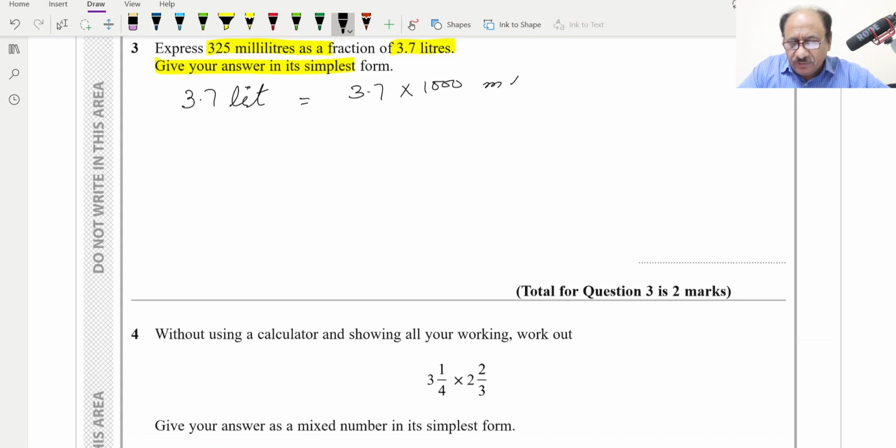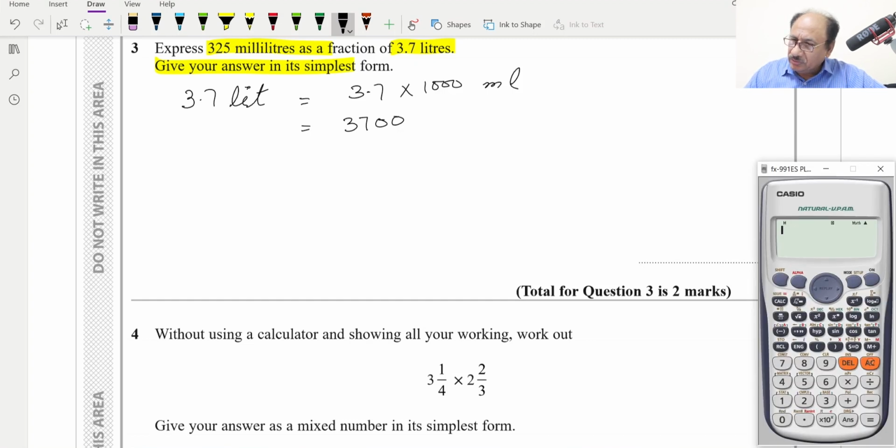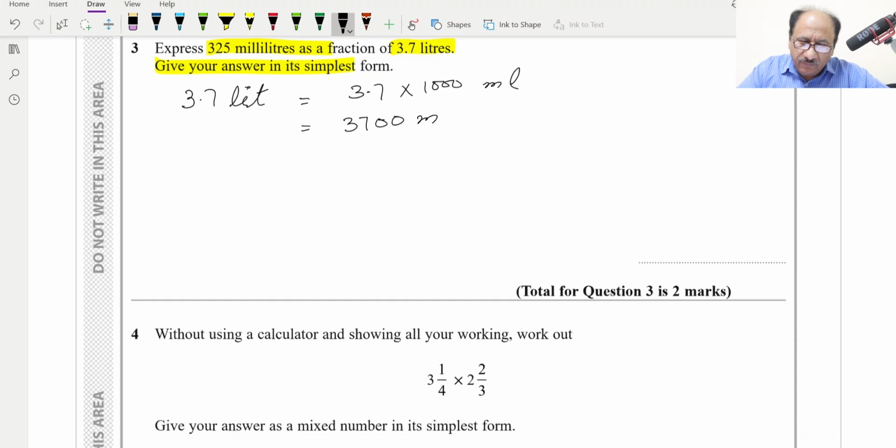This will be in millilitres. We can write 37, and from here we will take two zeros, and even you can use the calculator for this purpose. 3.7 multiplied by 1000, and you will get this in the form of millilitres. Now we have to express this as a fraction.